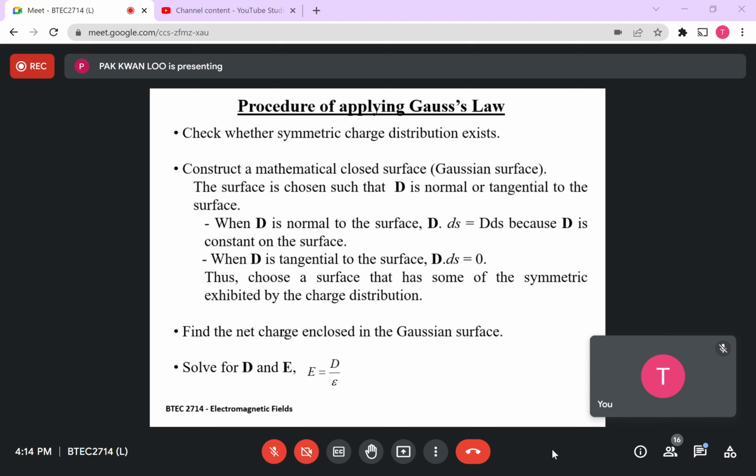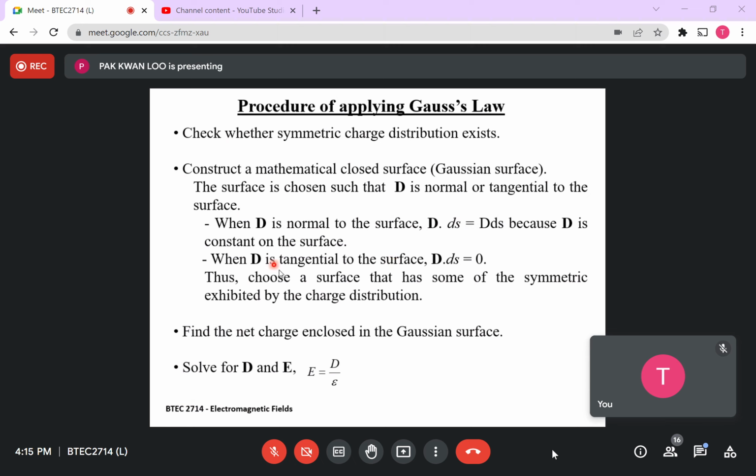It must be such that the surface is chosen such that D is normal to the surface. So when D is normal to the surface, this dot product here will become constant.